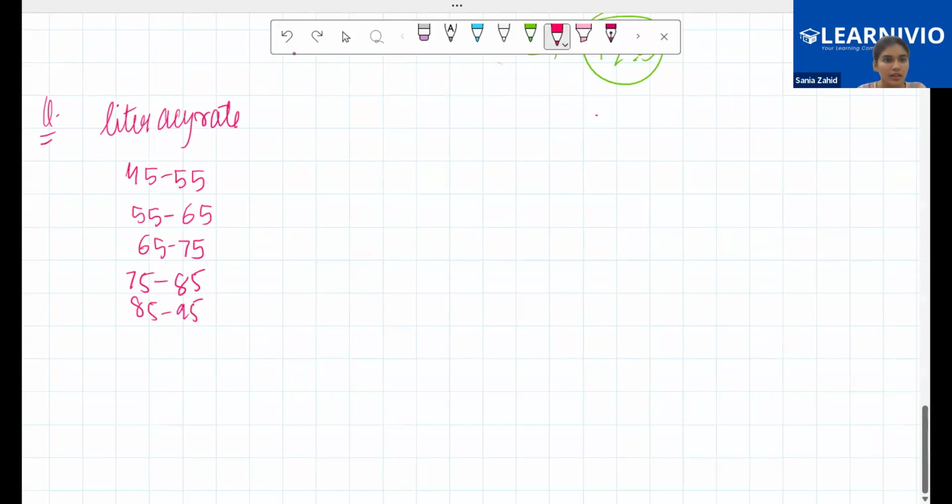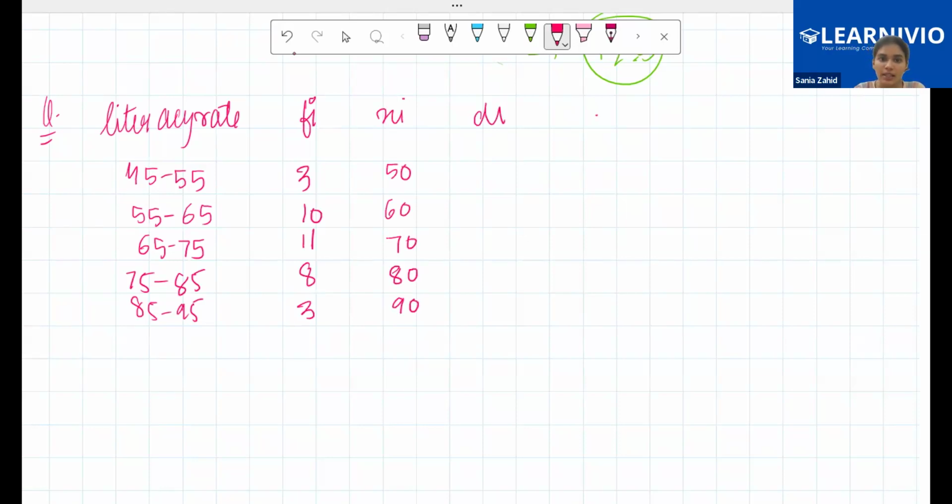And then the number of cities is given to you. That is the frequency. Frequency is 3, 10, 11, 8, and 3. Then what are the xi values? xi values are 50, then 60, 70, 80, and 90.